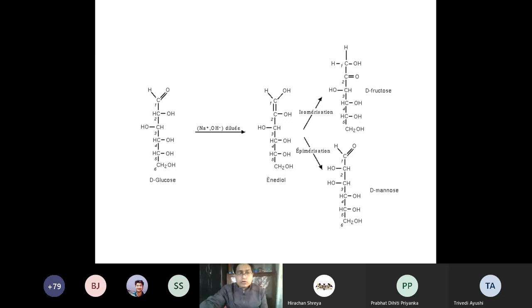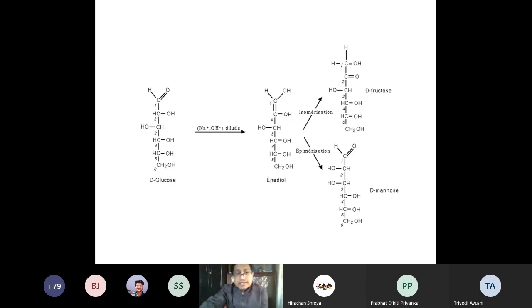This was not the case in glucose. But in mild alkaline condition, carbohydrates tautomerize. This is an example of tautomerization. They tautomerize to form enediols, with the same carbon having the double bond as well as the OH group, and with the formation of enediol, it can further isomerize to give fructose, or it can also give mannose.